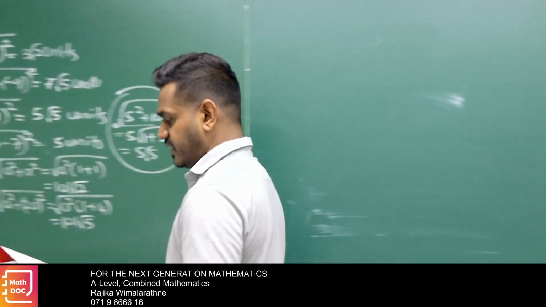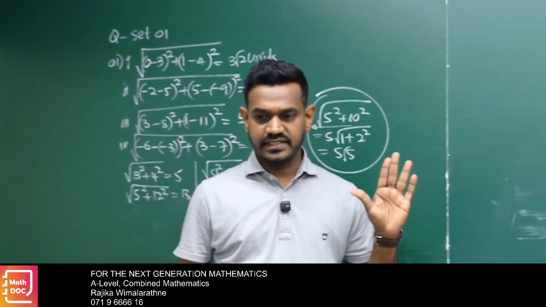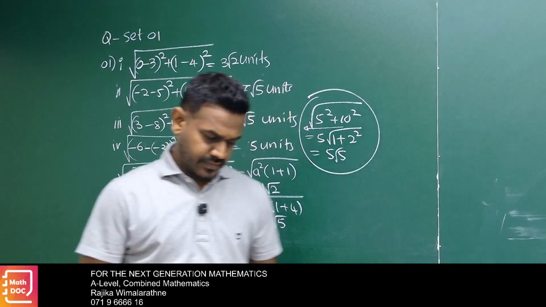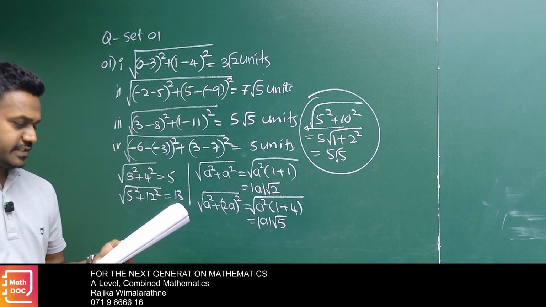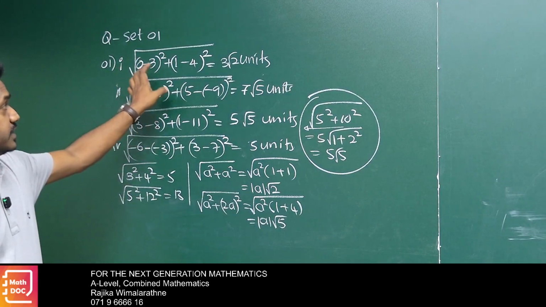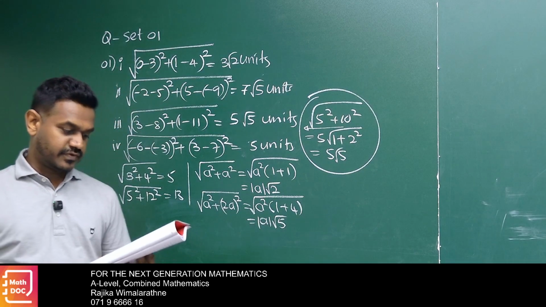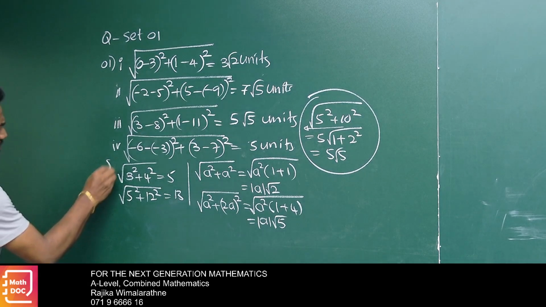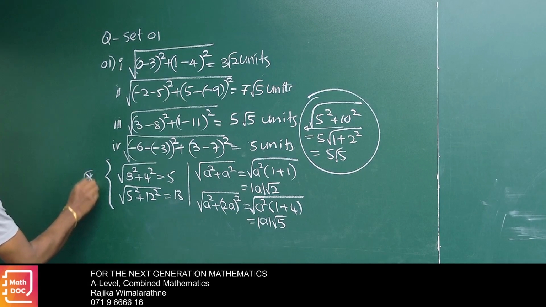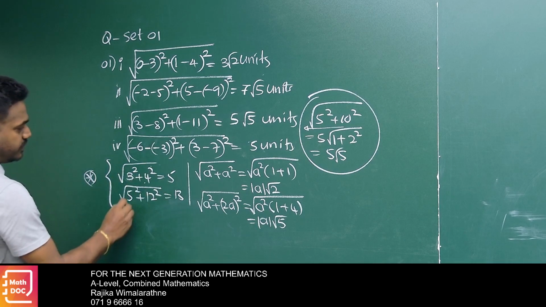Okay, question set 1, continue. First one, find the length of the line joining two pairs of points. Two points are given, so you find it by the distance formula. You better practice this simplification. 3 squared plus 4 squared gives 5, 5 squared plus 12 squared gives 13, Pythagorean triples.